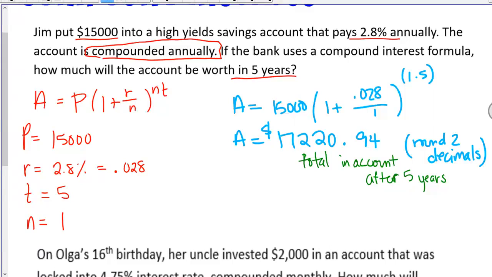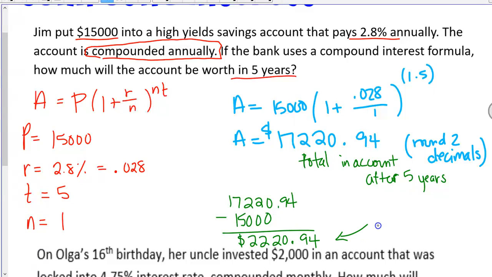Now, if I did ask you for the amount of interest earned, then I'm going to take that amount and I'm going to subtract the $15,000 that I started with. So $2,220.94. This would be the total interest earned.